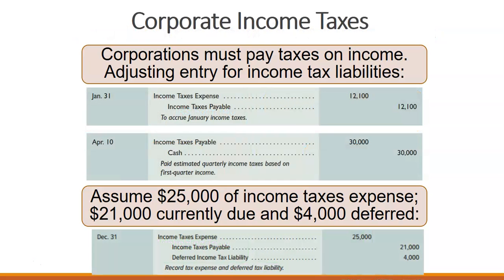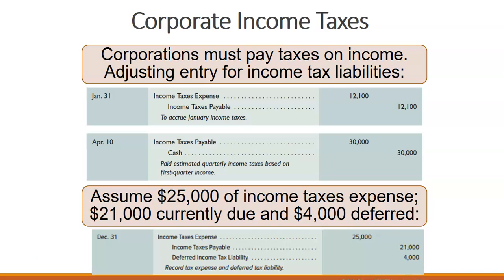Then the last thing that the textbook talks about is corporate income taxes. So corporations also have to pay taxes on income. So we would have this income tax expense and income taxes payable. So on January 31st, we accrue our January income taxes, and then on April 10th, we pay quarterly estimated income taxes.